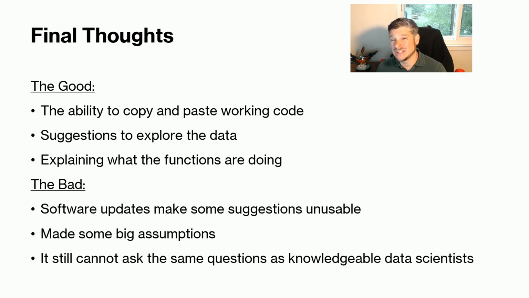And then again, with the jobs in data science, not recognizing that just finding the top average salaries might not be the best way. We might want to see how many job postings there are with it. Again, these are questions that a knowledgeable data scientist would probably see immediately, and ChatGPT is not necessarily going to know to look for it.